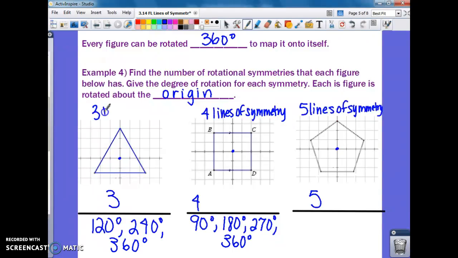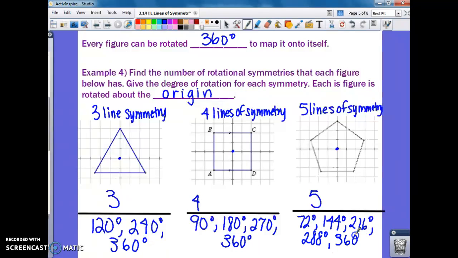This one had 3 lines of symmetry. 72 degrees, 144 degrees, 216 degrees, 288 degrees, and 360 degrees.